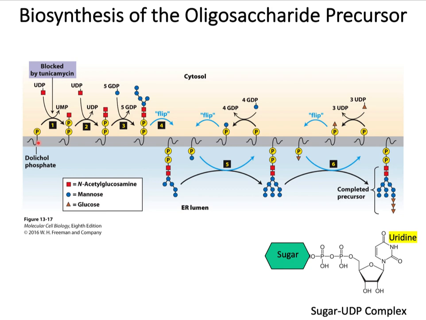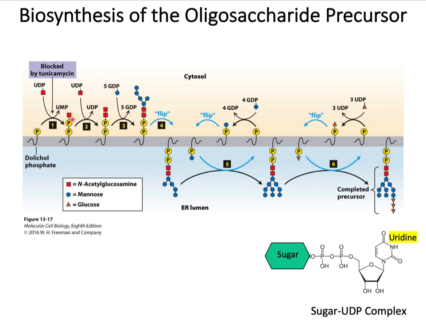And this dolichol phosphate is hydrophobic, a polyisoprenoid containing about 75 to 95 carbon atoms, docked into the membrane. Now, the first N-acetylglucosamine is brought by the nucleotide sugar UDP, which is uridine diphosphate. So this is a pentose sugar with a uridine, two phosphates, and the sugar attached to it. The first reaction is a high energy pyrophosphate link, which is added on top of the phosphate that the dolichol phosphate already has.